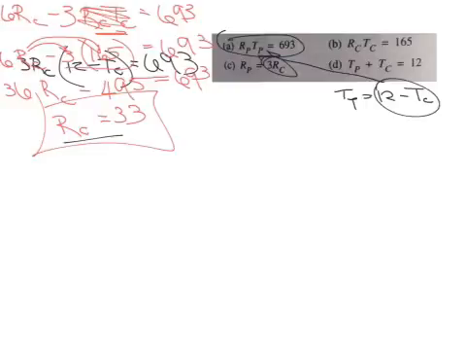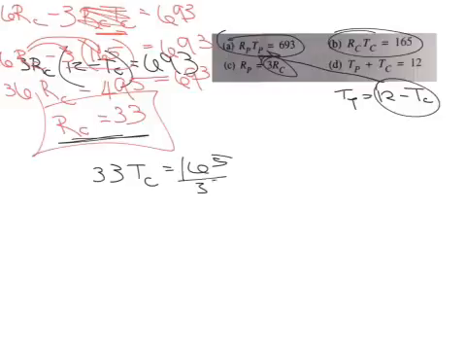So now that I have RC equals 33, I can take this equation and go 33 times TC equals 165. Divide by 33, and I get 5 there.